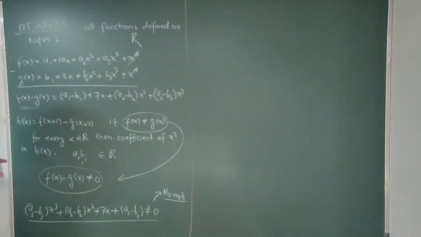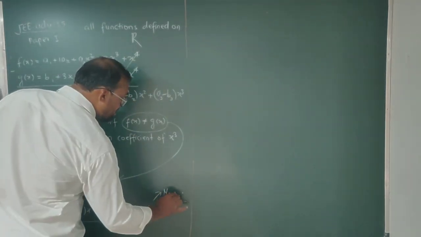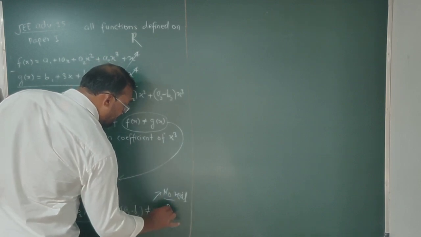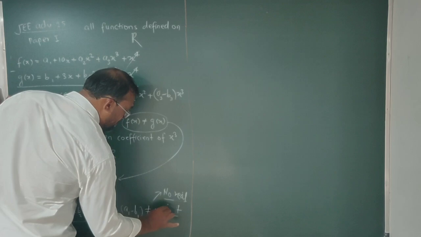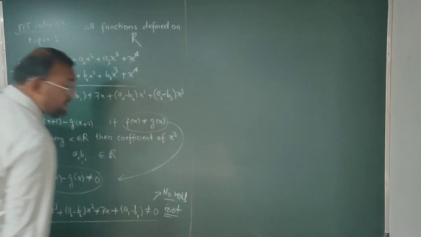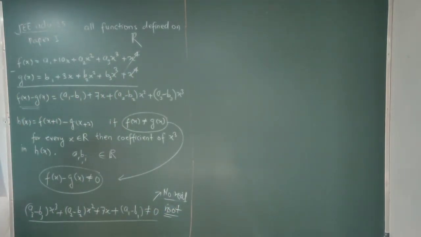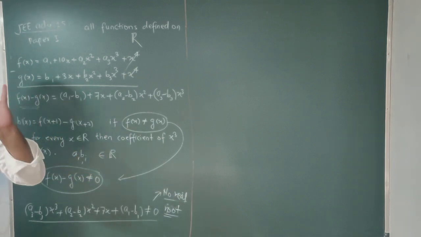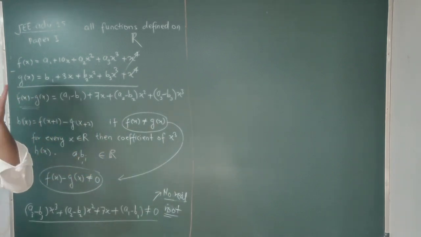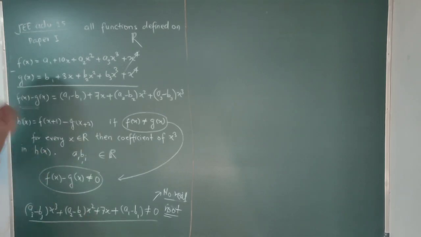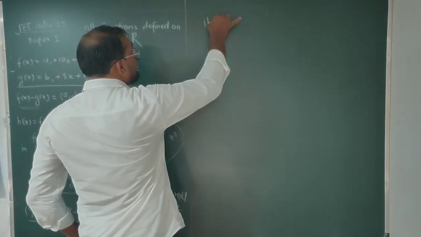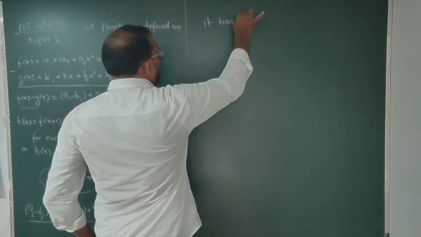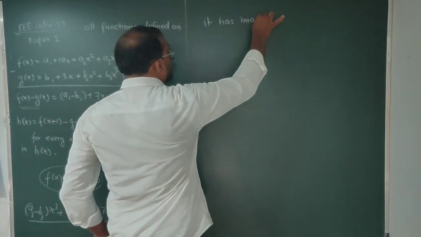This is the most important part. Why no real roots? For a real root, the graph has to cut the x-axis, and when it cuts the x-axis, there is at least one real value of x. So if it does not have a real root, it only means that it has imaginary roots.